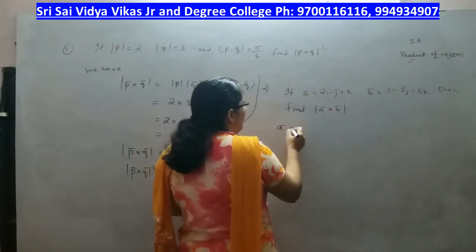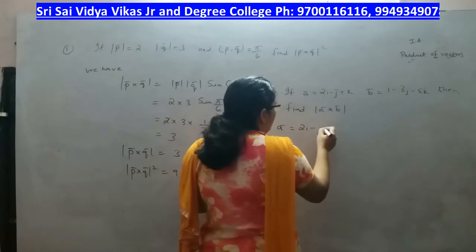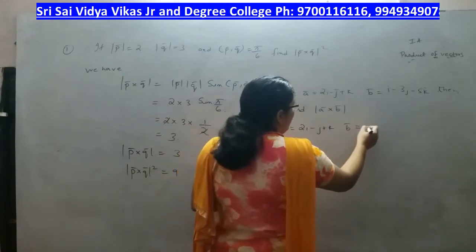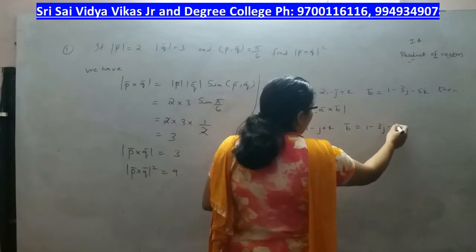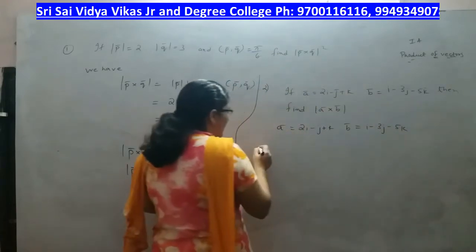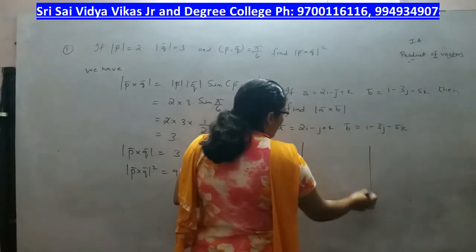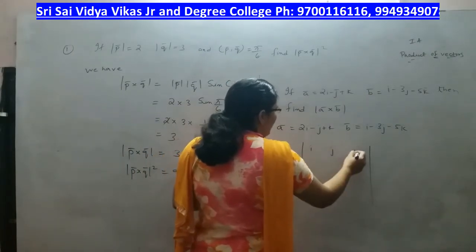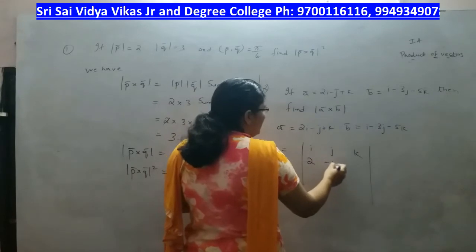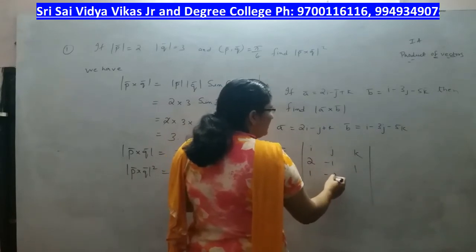Given a bar is equal to 2i minus j plus k, b bar is equal to i minus 3j minus 5k, a bar cross b bar is equal to, you have to write i, j, k; 2, minus 1, 1; 1, minus 3, minus 5.